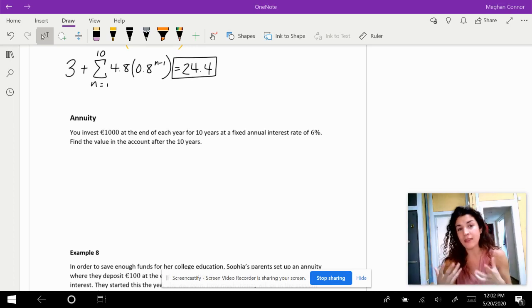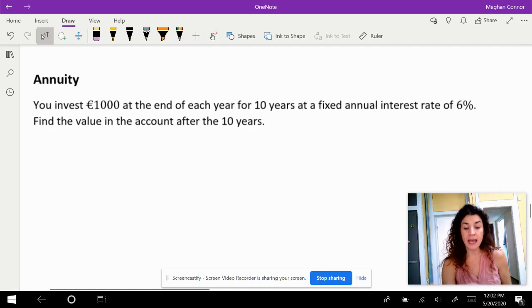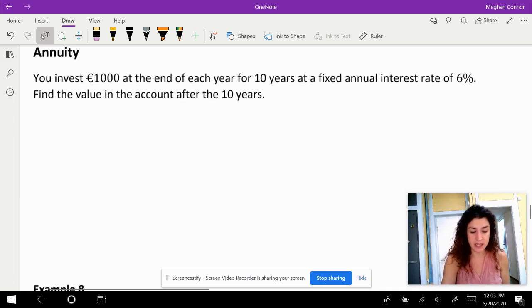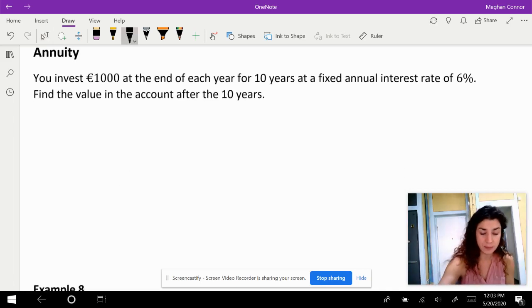So the reason there's a difference when you put in 1,000 euro every year for 10 years, and it's gaining interest for that amount of time, and you want to figure out what's in the account after 10 years: the difference between this problem and the previous problems on your calculator is not a lot, but in terms of what we're calculating for the interest, it's very different.